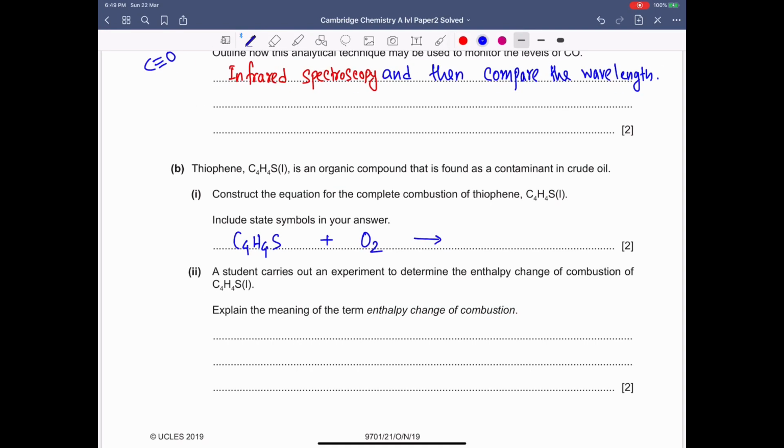A complete combustion would produce carbon dioxide, water, and sulfur dioxide. To balance this, we'll need 4 carbon dioxide, 2 H2O, 1 SO2. The number of oxygen on the right hand side is 8 plus 2 plus 2 equals 12, so 6 O2.